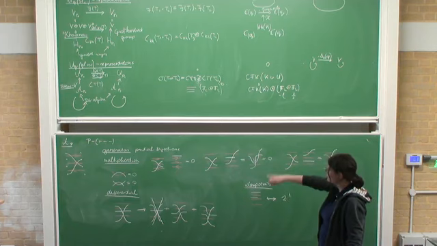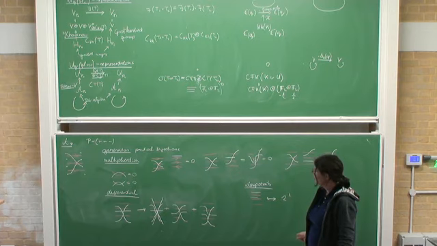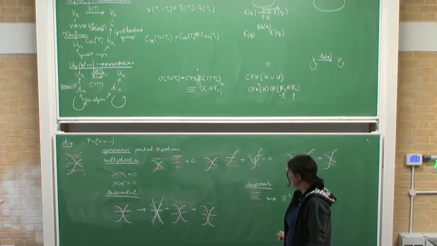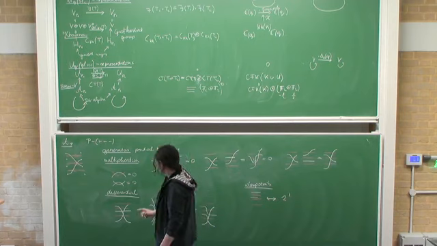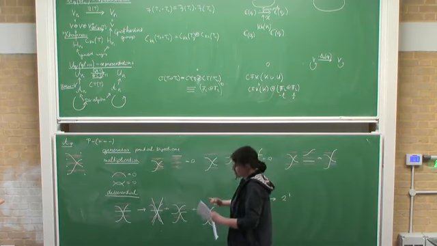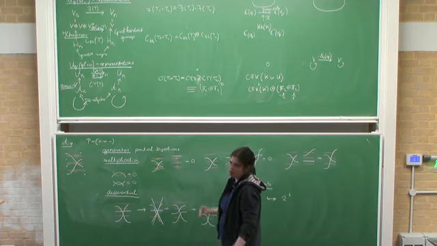You saw that I didn't use the orientation so far. If I was defining the Ozsváth–Szabó version, I would have, but I don't. So the orientation is used only to define the gradings. And the gradings are defined just using the number of intersection points, red and white. I'm not writing it down.